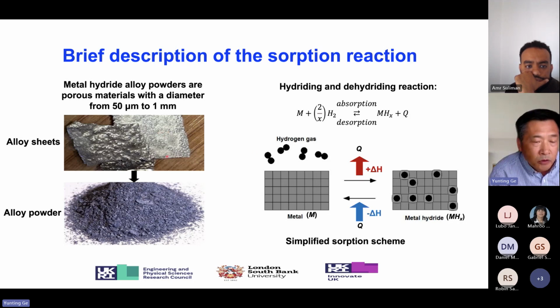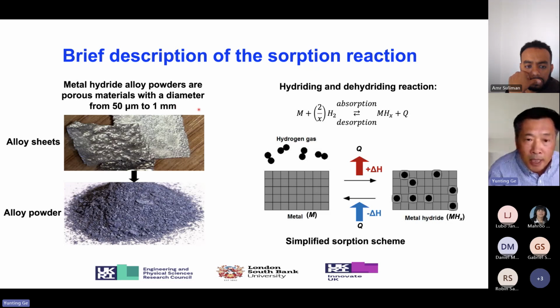But before you charge the metal hydrate alloy into the reactor, you have to make it into alloy powder with a size of about 50 μm to 1 millimeter. You can use a specific device to make the alloy sheet into alloy powder, such as a ball milling machine.